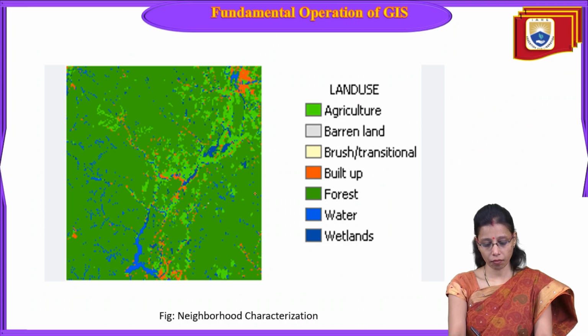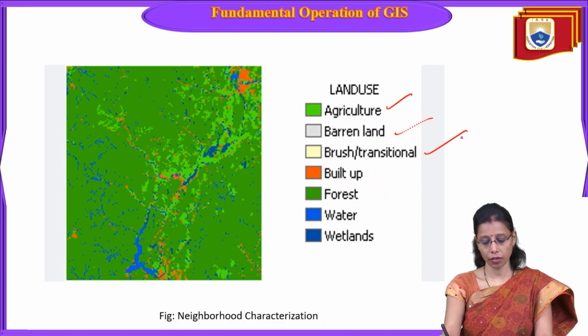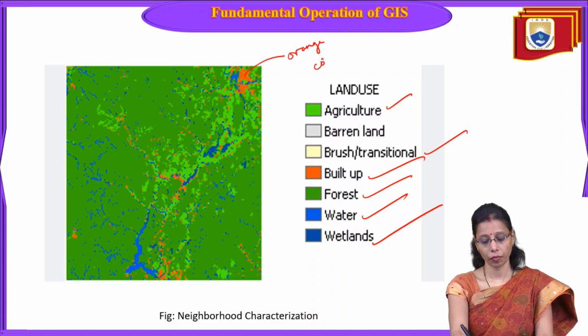So for example, here we have neighborhood characterization. You have agriculture, barren land, brush or transitional, built up, forest, water, wetlands. When you talk about built up, you can see here this orange color. This is built up land. So for this built up land, what is the neighborhood?